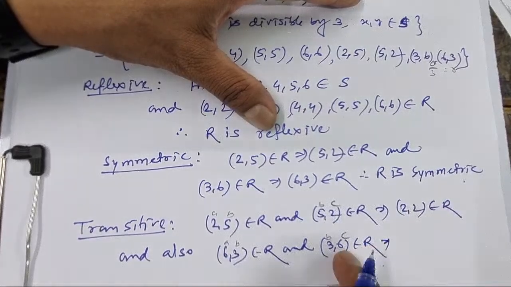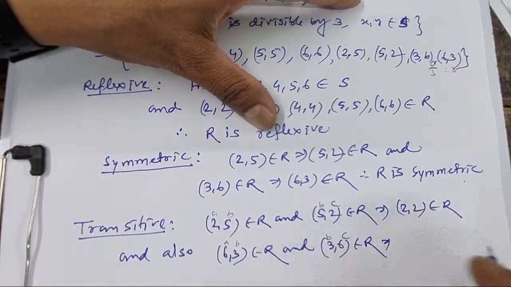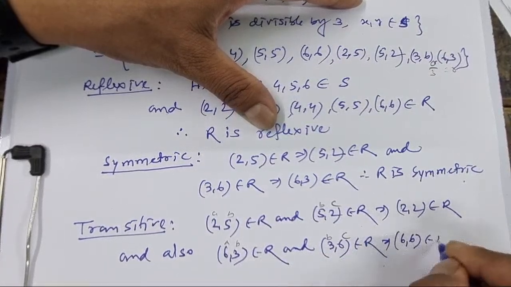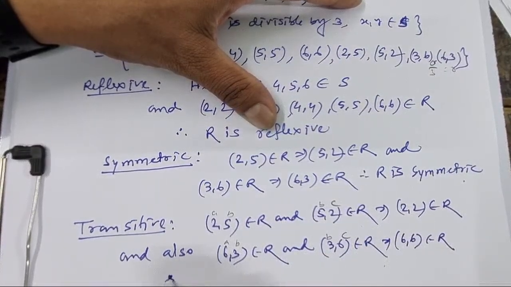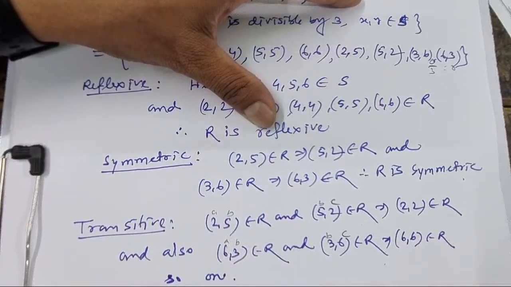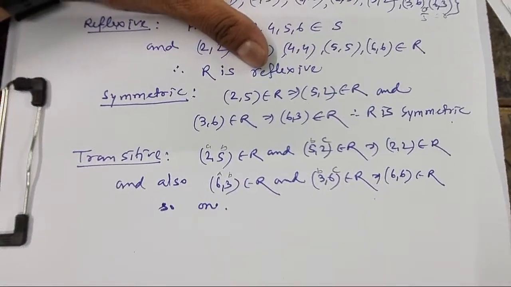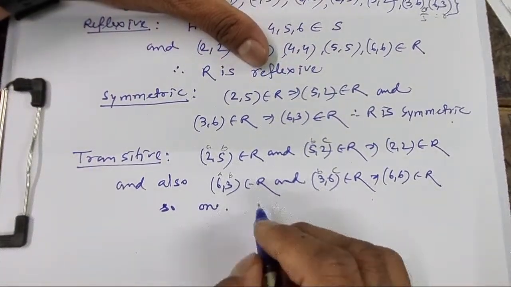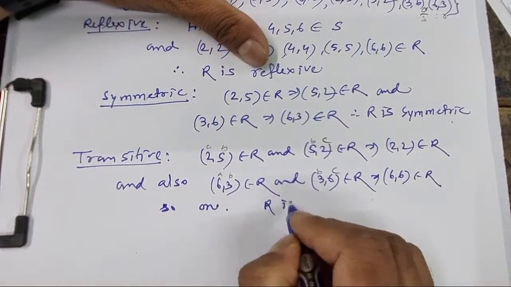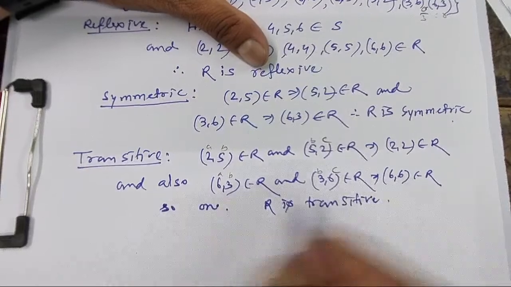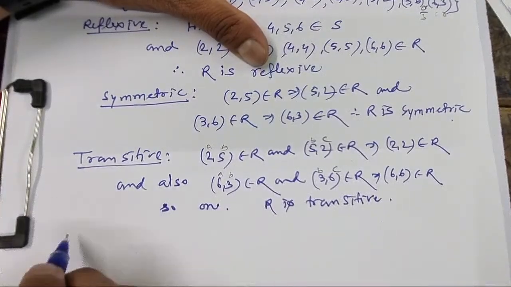If I take this first, it will be (3,3). So (6,6) belongs to R, and so on. I think it's very good. So R is transitive.